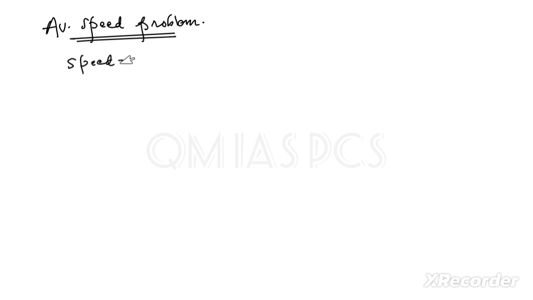Okay, so now we will do the average speed problems. Let's write average speed problems. So before solving numericals, let's do the theory part. Like, what is speed? I think you have solved that one.